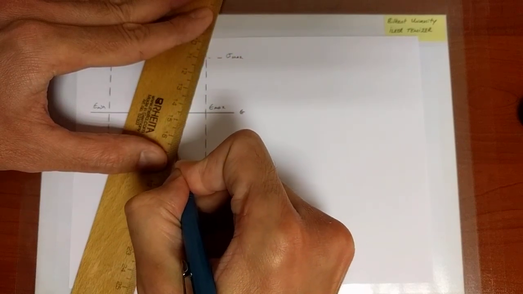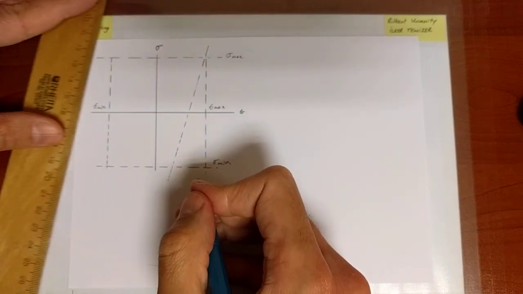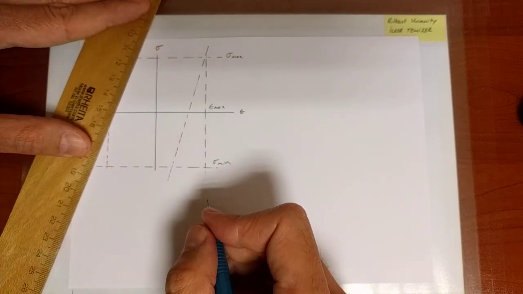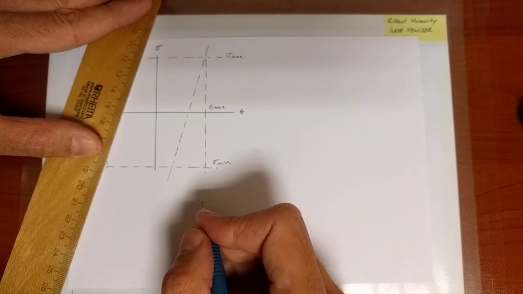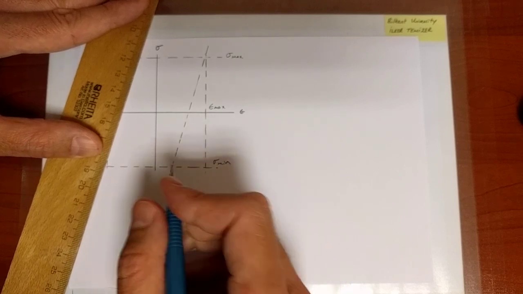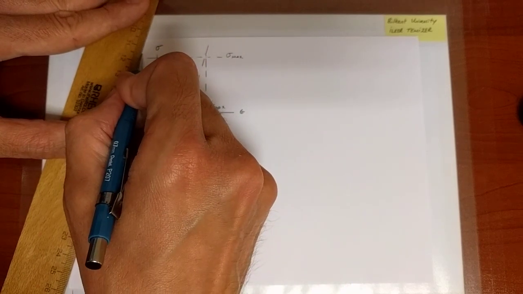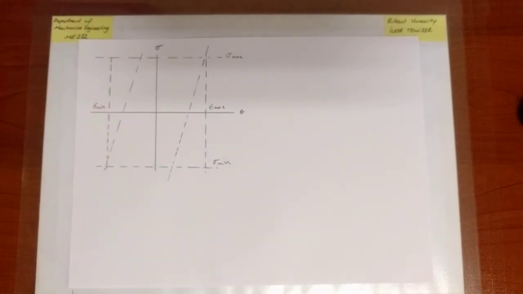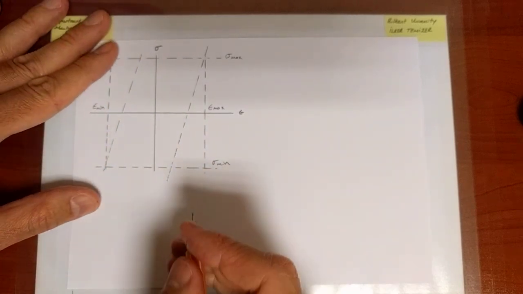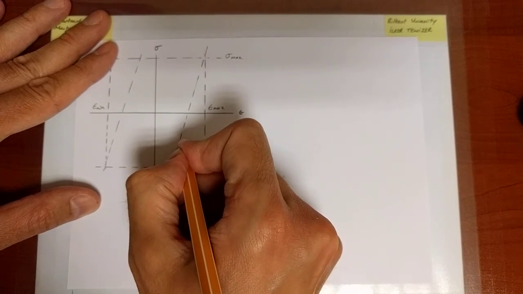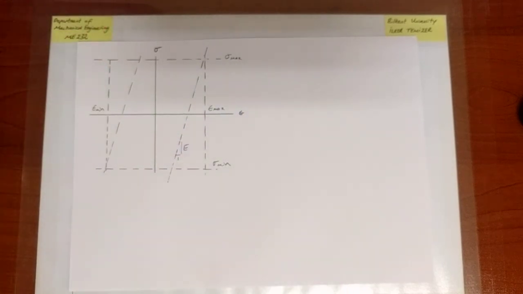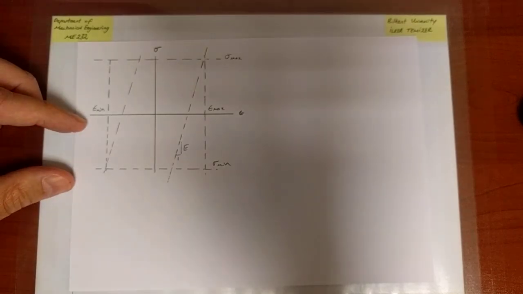So that's going to be a line of slope Young's modulus, and also going to draw a line that is parallel to that one over here. Okay, E is our Young's modulus. Good.